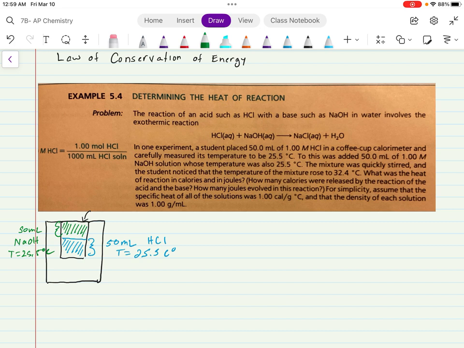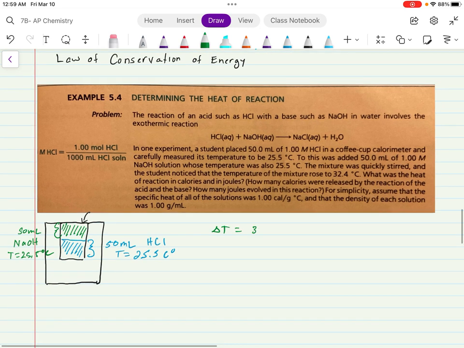Now, the change in temperature went from 25.5 to 32.4. So I'm going to go ahead and do 32.4 degrees Celsius minus 25.5 degrees Celsius to get a change in temperature of 6.9 degrees Celsius. Okay, 6.9 degrees Celsius.